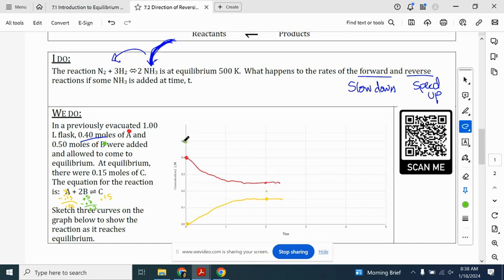Now I'm going to draw my line going down there. Oh, that was easy. That's it. I thought we were going to have to do more. That wasn't too bad.